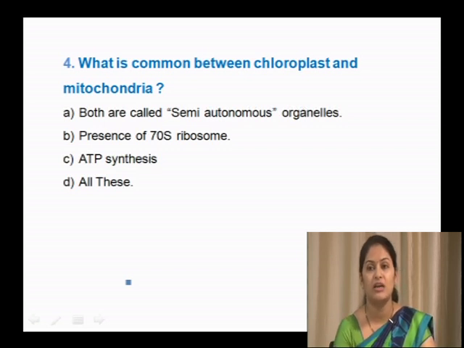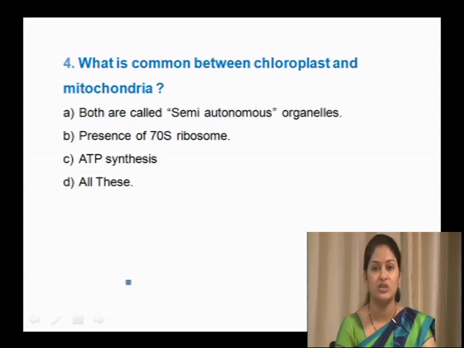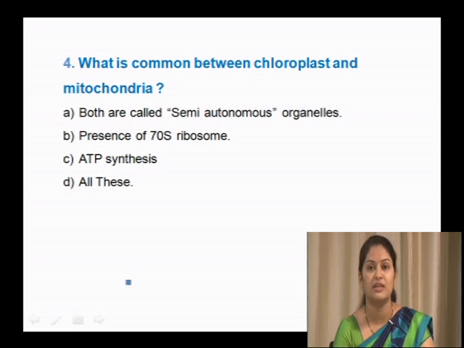Now we can call them semi-autonomous organelles because in their matrix, or what you call stroma, they have circular double-stranded DNA which is capable of carrying out the division or multiplication of mitochondria and chloroplast without the instruction of the nuclear DNA. Second option is presence of 70S ribosome.